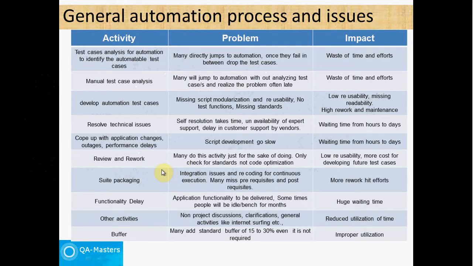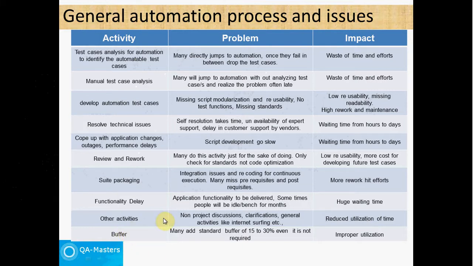Suite packaging. All the test cases are grouped for batch execution. Missing pre and post requisites cause lots of rework or recoding. Functional delays cause people to sit idle sometimes, and there may be huge waiting times.